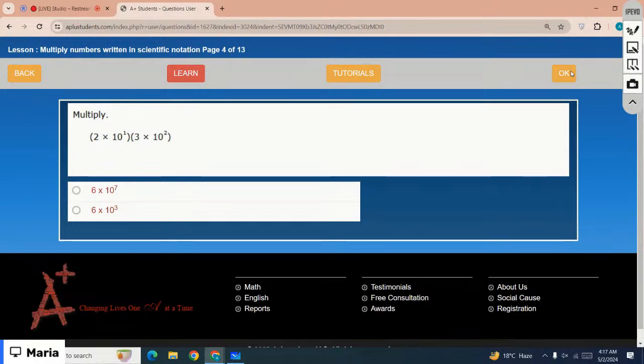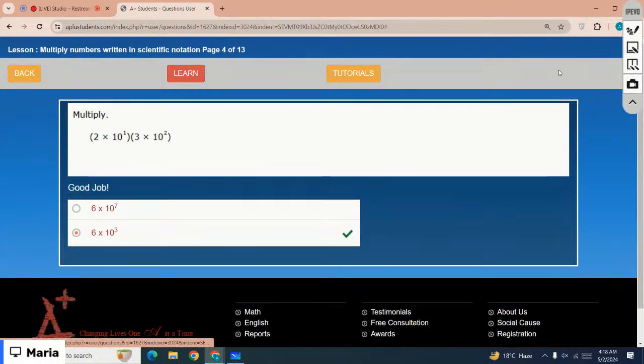The correct option is the second one. 6 times 10 exponent 3 is the correct option.